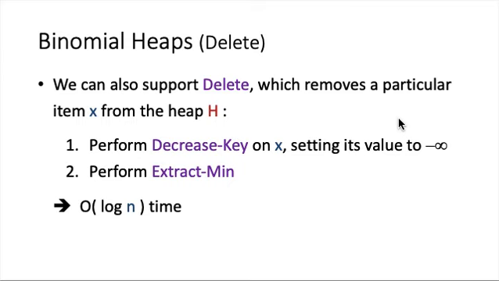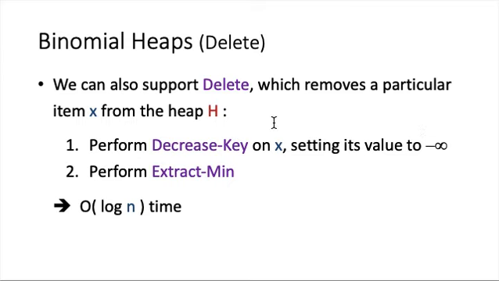Finally, we can also support an extra operation called delete. Delete is an operation where we point at a certain node and want to remove this node or item from the heap. How do we do it? When we want to remove a certain item X from the heap, we perform decrease key on this item X, setting the value to minus infinity.